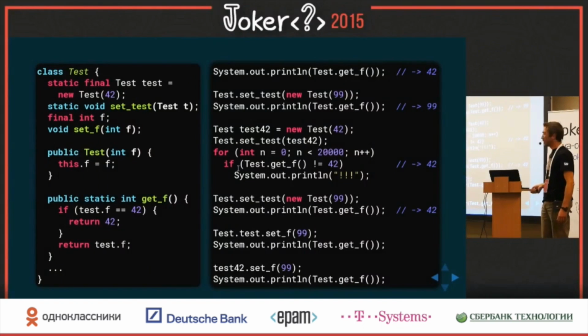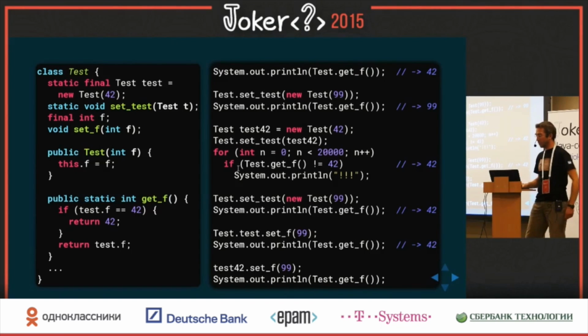Okay, so now we think, but we still want to set it, so we still want to change the value, so we can actually access the test in the test field in the heap and call setF on it and reset the integer in the static final test instance. So what will be the output here on the next one, 42 or 99?